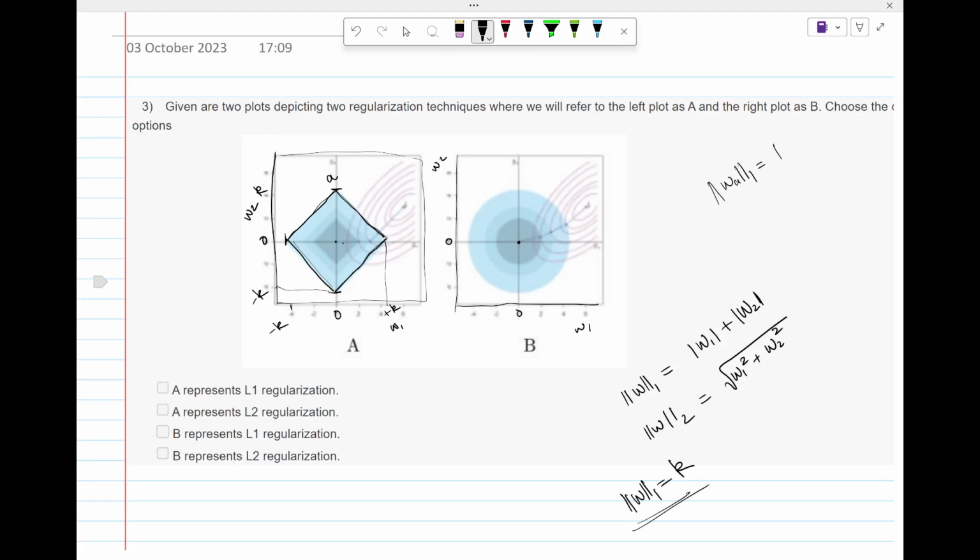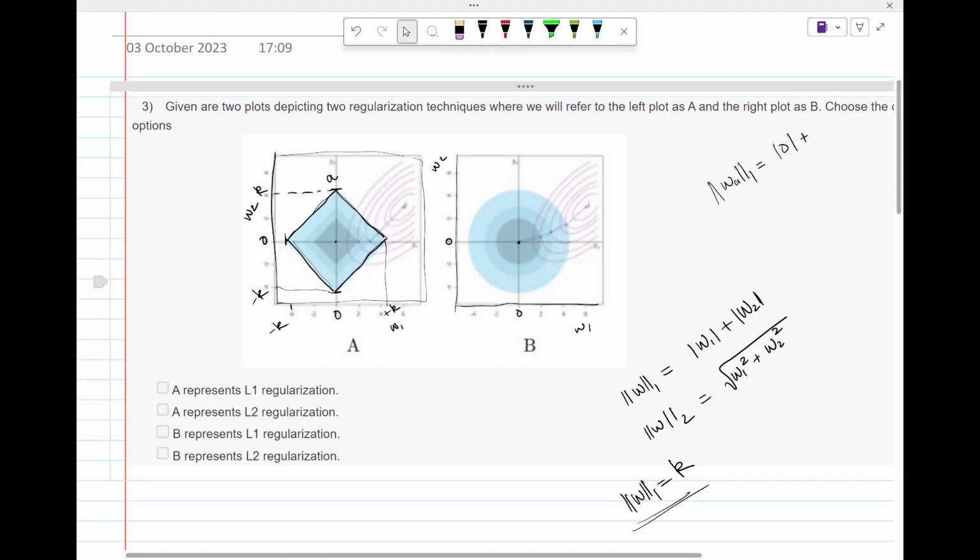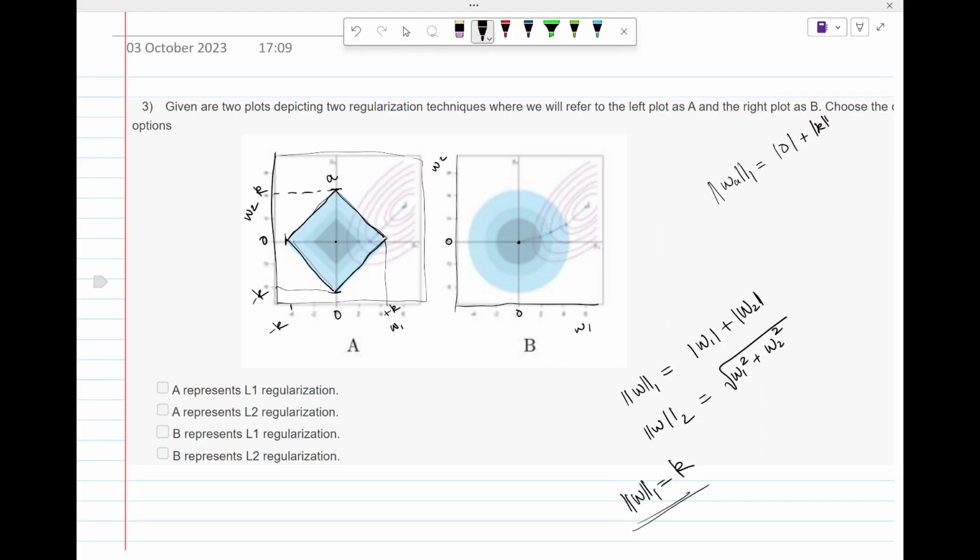Mod of W1 is 0 here, plus mod of W2, which is K, that is equal to K. Similarly, this point is K by 2 comma K by 2, right?